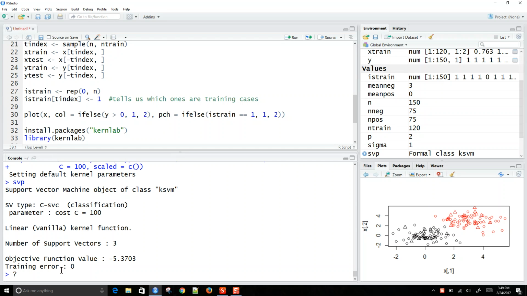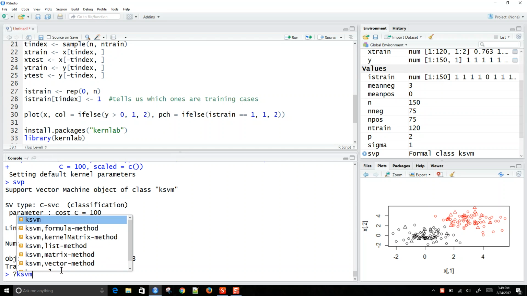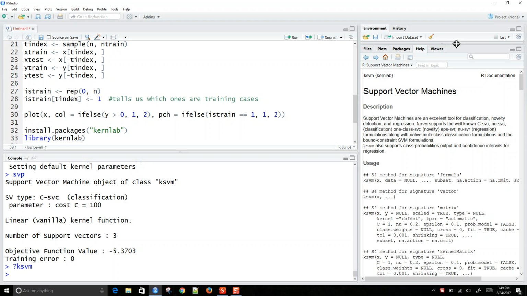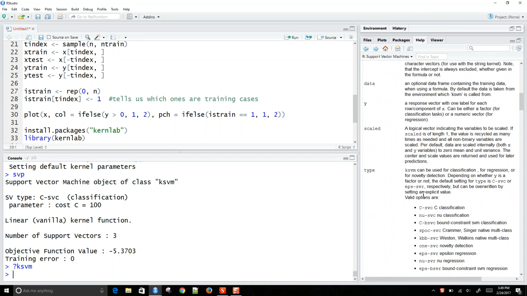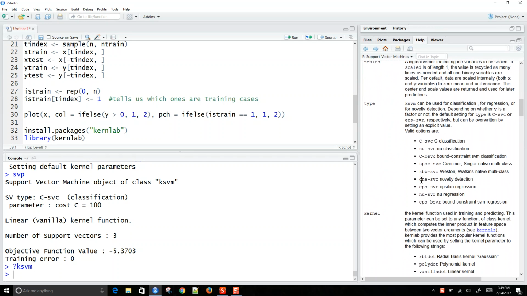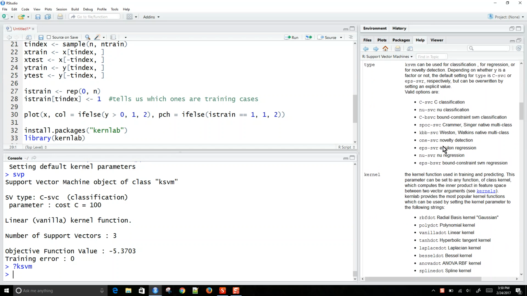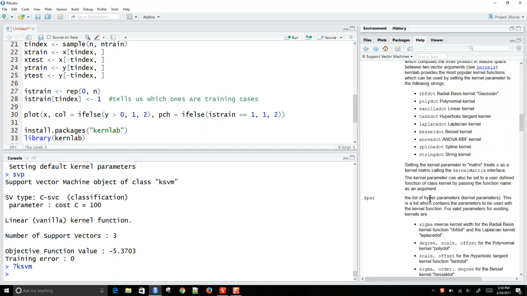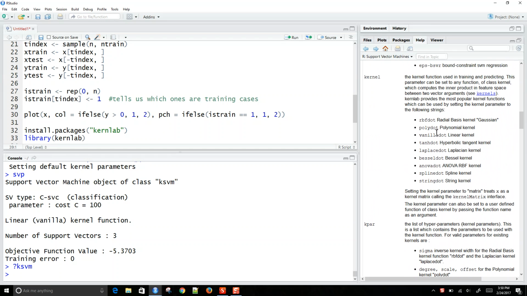We can look up ksvm and see some of the options that this has, the different kernel types that we have for classification, and all of these different things. We've been using just regular old classification, and then again our kernels, you can see we've got all of these different things.